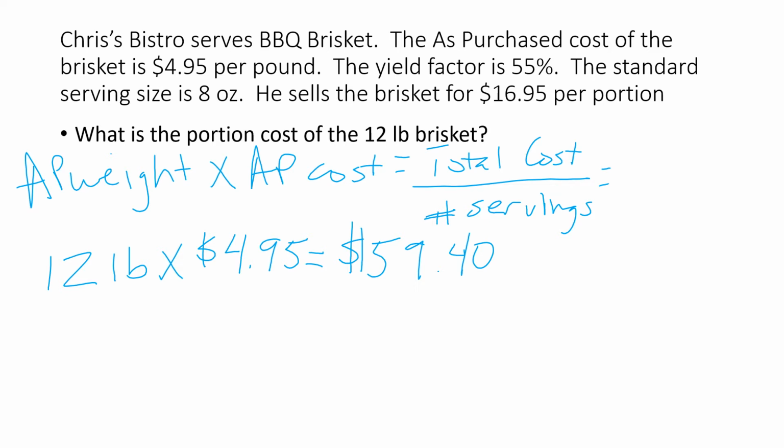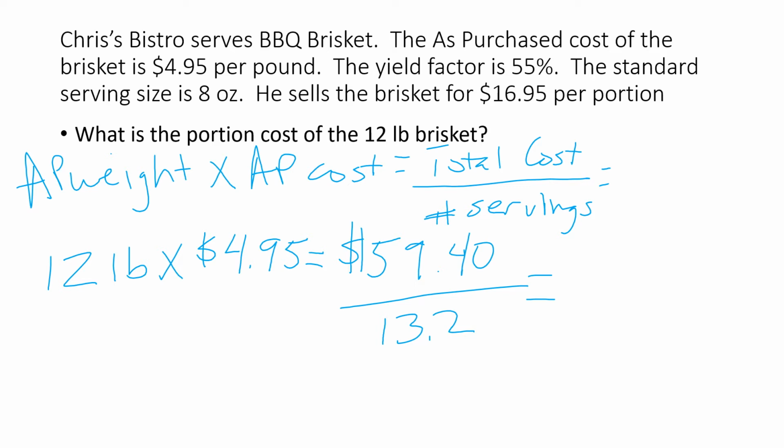The reason we can simply divide by our number of servings, 13.2, is because we've already factored in our yield factor. We've already applied our yield factor to figure out how many servings we get from that one brisket. So that's why we can just do a simple divide.